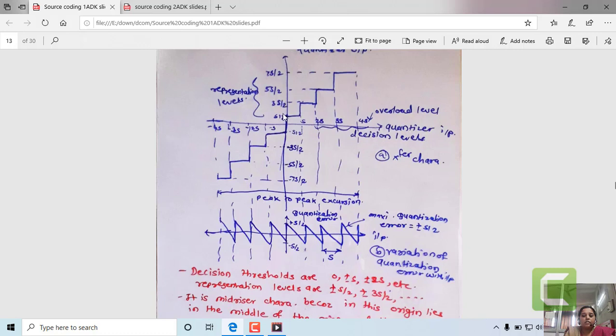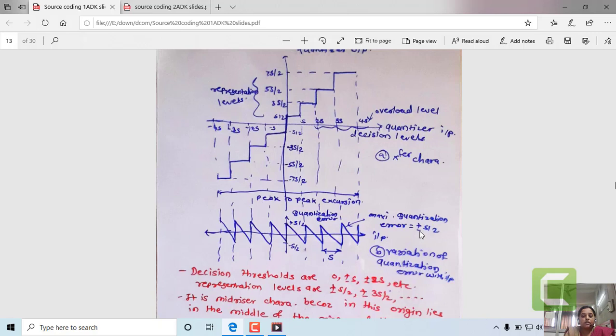On the y-axis, the representation levels are marked and they change with the constant difference value of S. Similarly, on the x-axis, the decision levels also differ by the value of S. I have told you that the quantization noise always varies from minus S by 2 to plus S by 2, and that's what we observe in this lower diagram, wherein the quantization error changes between minus S by 2 and plus S by 2.